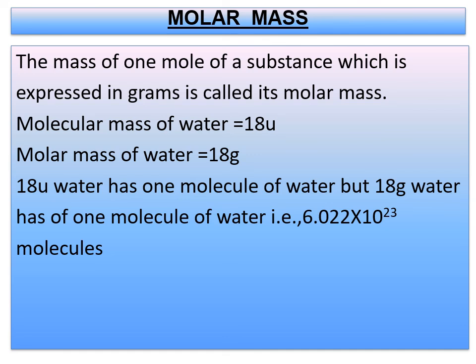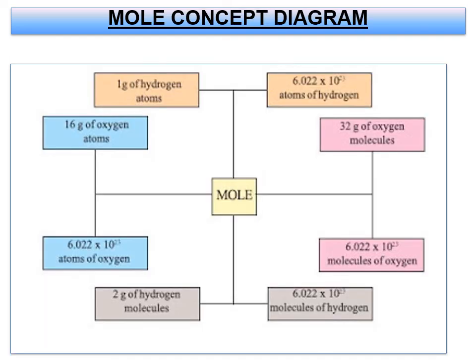You have to remember this way, children. 1 g of hydrogen atom consists of Avogadro number of atoms of hydrogen. Similarly, when you go with oxygen, 16 g of oxygen atom consists of Avogadro number of atoms of oxygen.